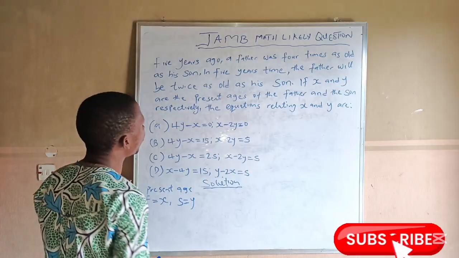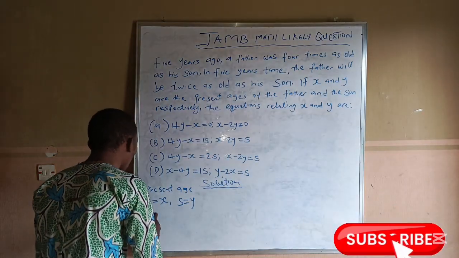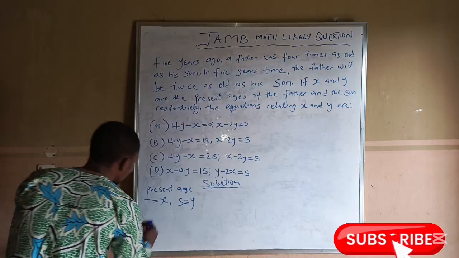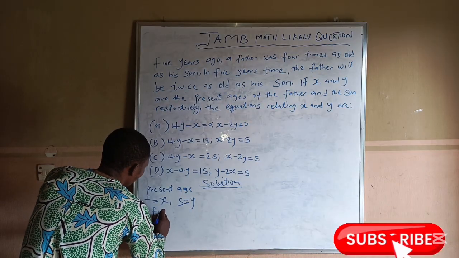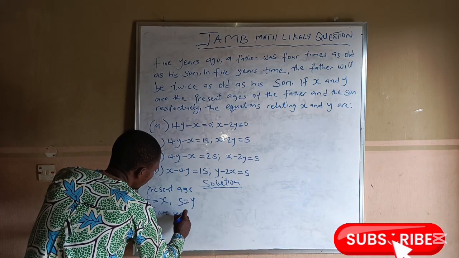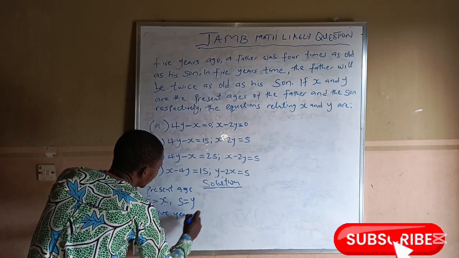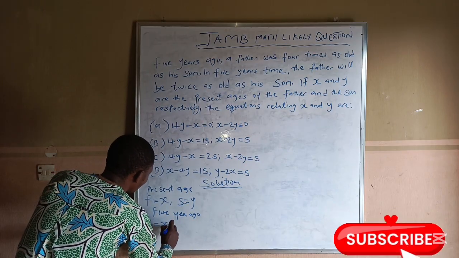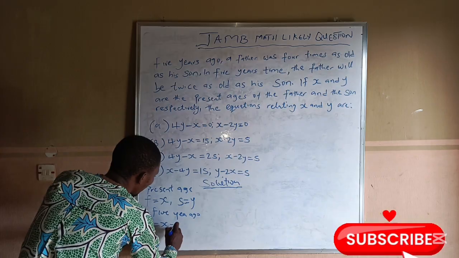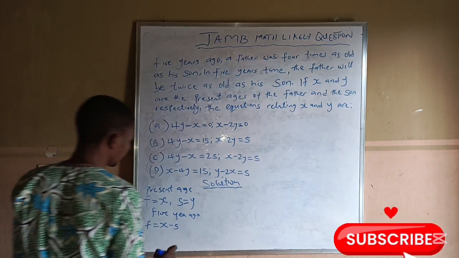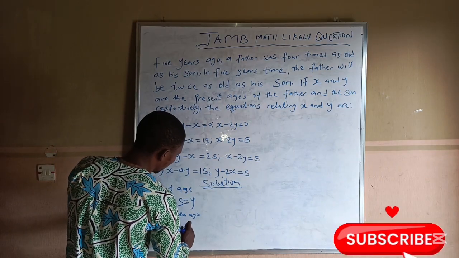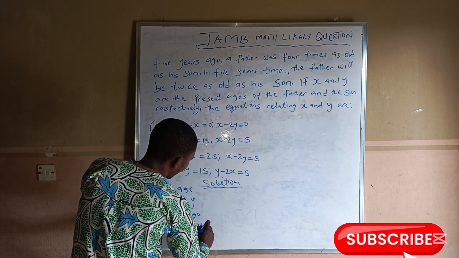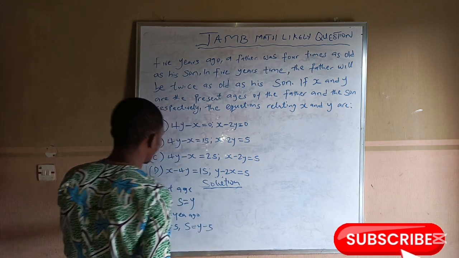Now 5 years ago, as we were told, what would be the age of the father? 5 years ago, f equals x minus 5, and s, for son, equals y minus 5.